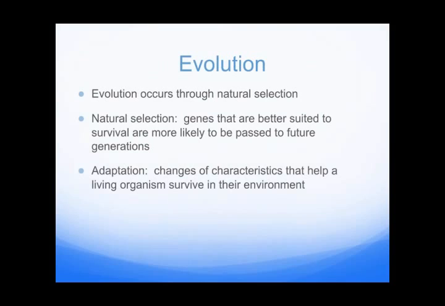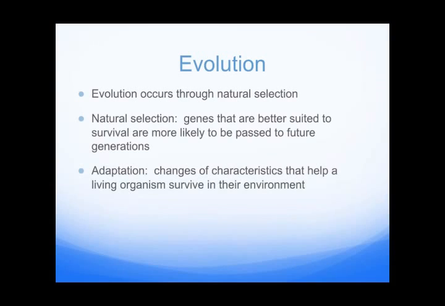Evolution occurs through natural selection, and natural selection just simply means that some genes better suit the organism for survival in the environment, and they're more likely to be passed on to future generations of that organism. And an adaptation is a change of characteristics that help a living organism survive in that environment.